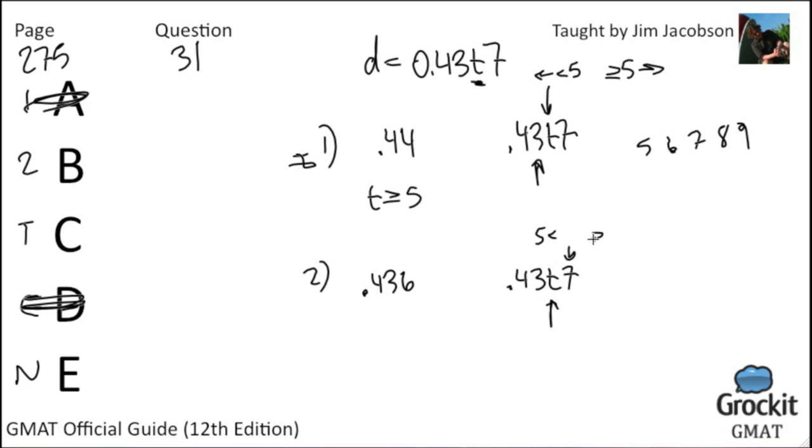If it's greater than or equal to 5, it goes up 1. Since 7 is greater than or equal to 5, t is incremented by 1, and when incremented by 1, it's a 6. That tells us that t was itself a 5, so this statement is sufficient to answer the question. We can cross off the together and the neither options, C and E. Statement 2 on its own is sufficient.